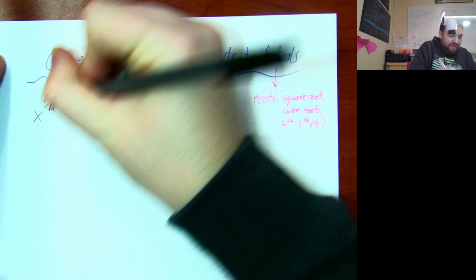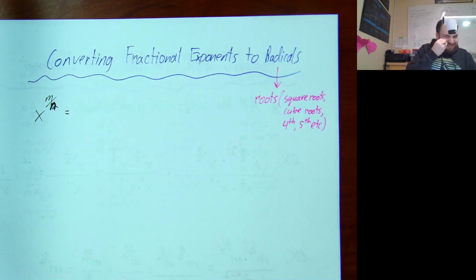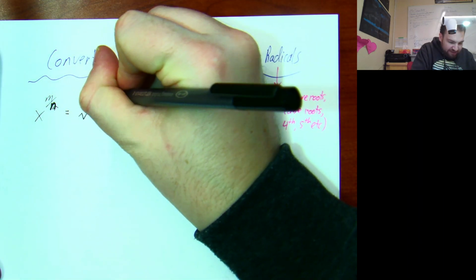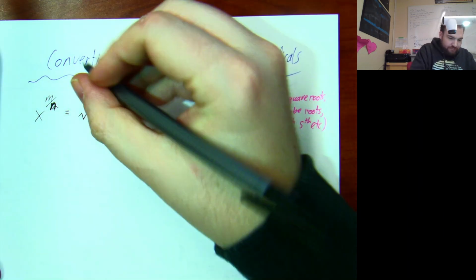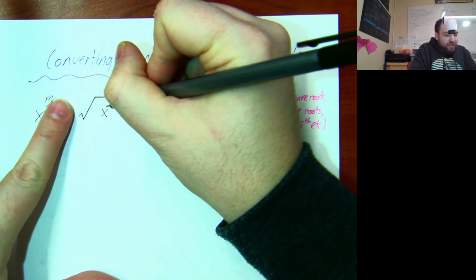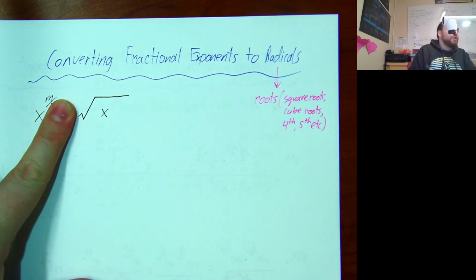What we're going to do here, if I've got x to the m over n, this thing gets converted into a radical that looks like this. The whole number in the numerator becomes a whole number exponent. So if I have x to the m, that's just going to be x to the m.